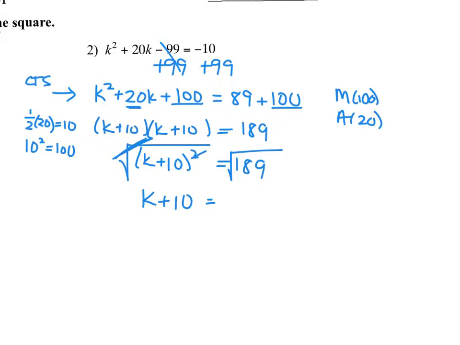Under here, you're going to get a non-perfect square that I would put into your calculator. Regardless of what the number is, it is going to be plus or minus. And if I put square root of 189 into my calculator and hit enter, let's round that to 13.7.